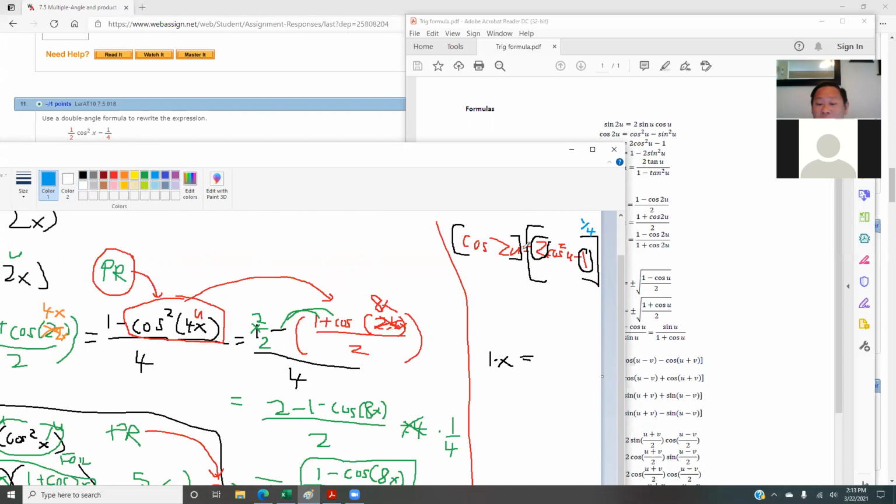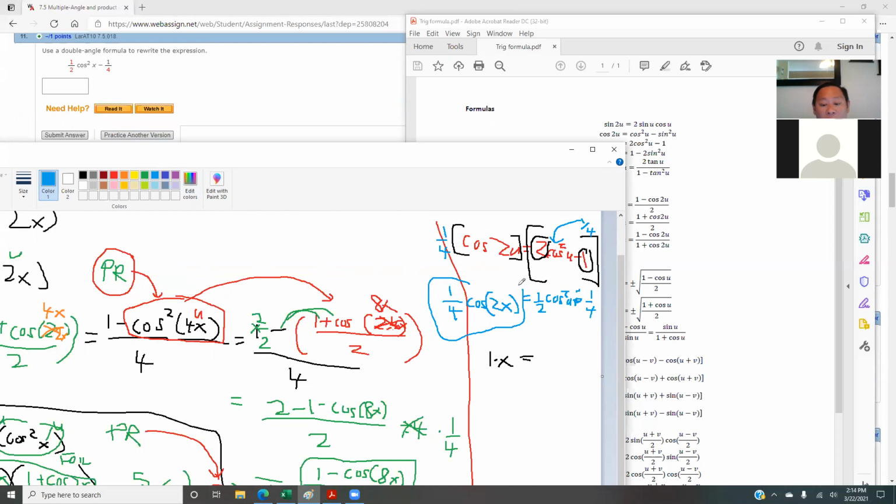And as with an equation, if you multiply this by 1/4, you also have to multiply this by 1/4, right? And when you multiply by 1/4, 1/4 times 2 of this, you get half. And then, not plus, minus. And then 1 times 1/4, you get 1/4. So this is exactly the same as this side. So your answer in this case will be 1/4 cosine of 2x. Don't forget, I'm not using u, I'm using x. So your answer is 1/4 cosine 2x.